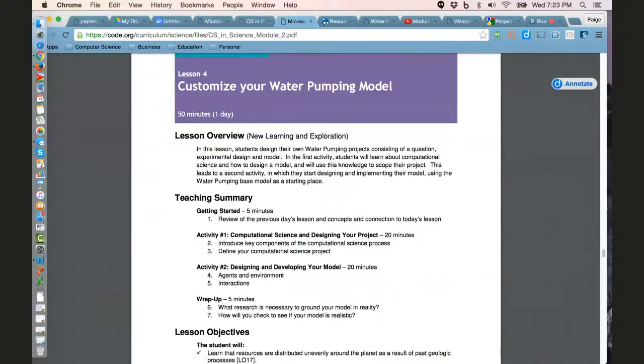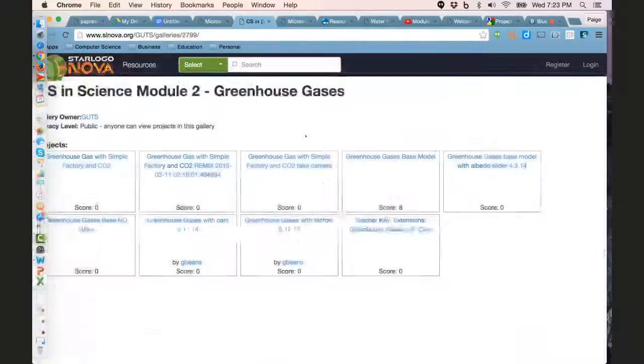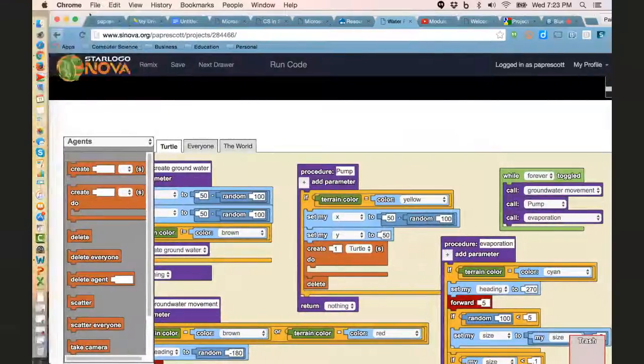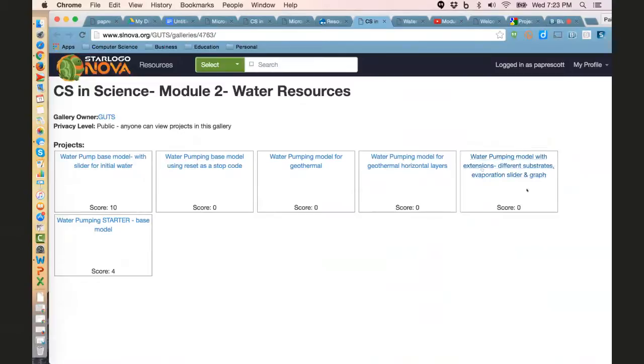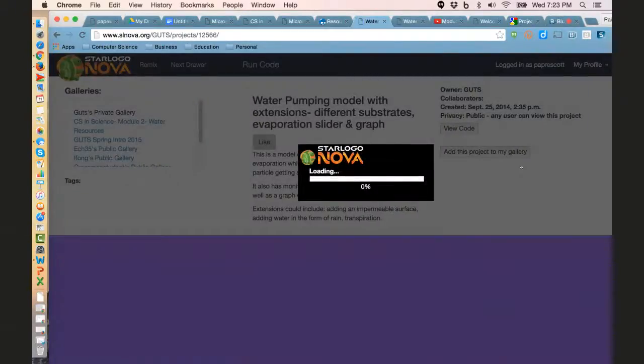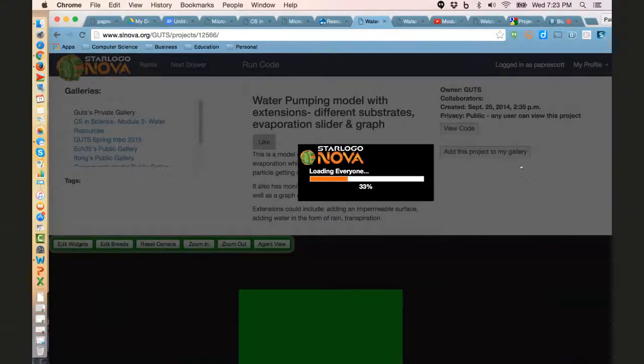We have in our, oops, that's the wrong one, in the gallery, we have a couple of them that we were suggesting that would fit nicely with earth science, which is different substrates. So if there's a clay, sand, or gravel layer, what would that do? And we have them vertically, and they look like ice cream.